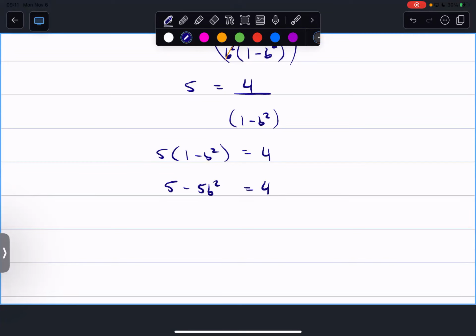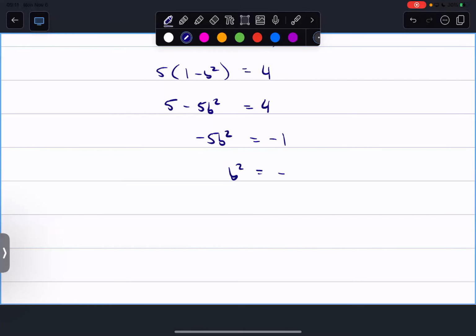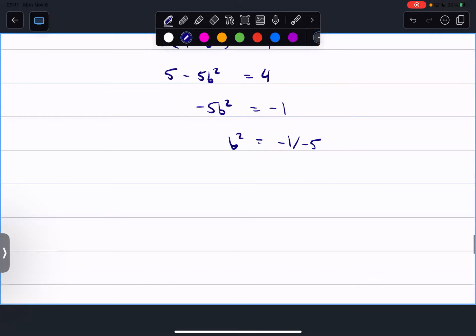So I get 4 minus 5 is negative, so negative 5b squared is negative 1. So b squared is negative 1 divided by negative 5, so 1 over 5, because those are going to cancel. So then b is plus or minus the square root of 1 over 5. Plus or minus because when we square something, even if it's negative, it becomes positive, right? So we have to attach that plus or minus.